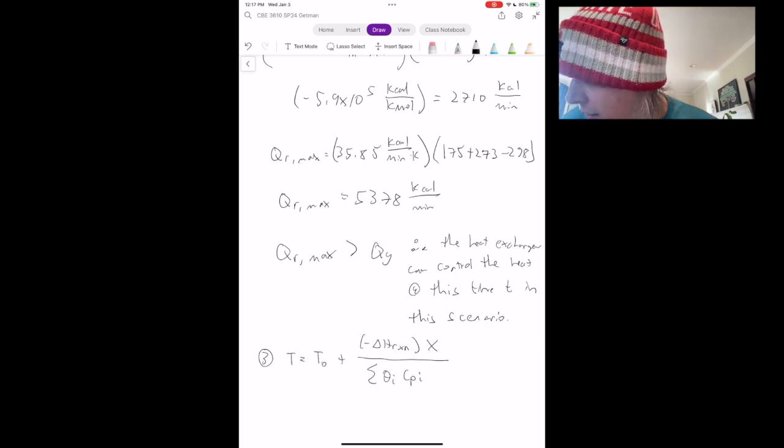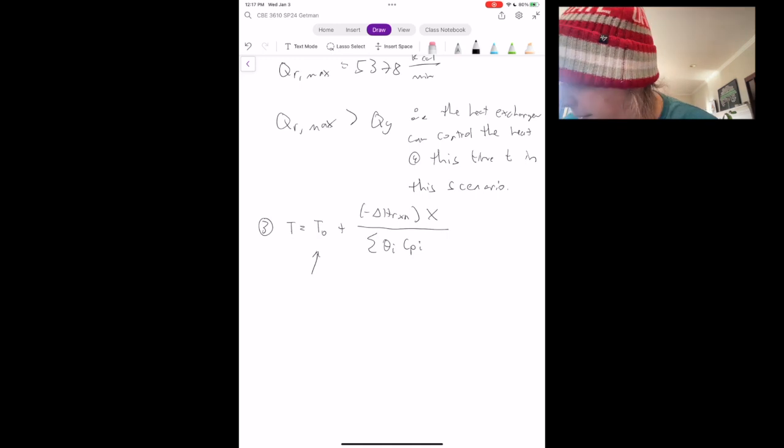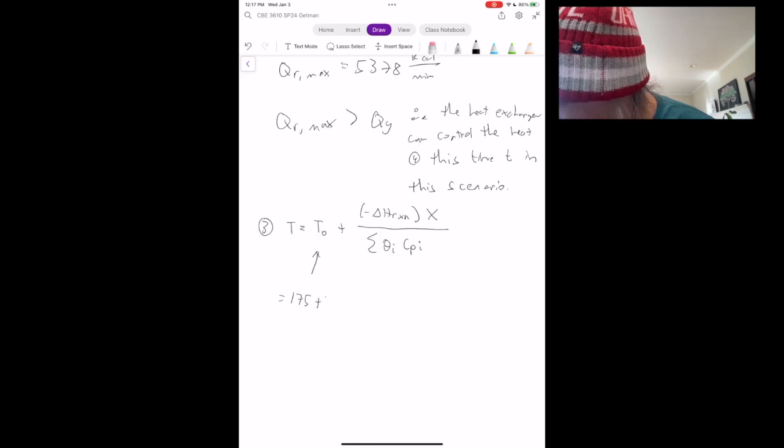In this equation, T naught is the temperature that the reactor is at initially, which in our case is 175 degrees C. So this is going to be 175 plus 273 in Kelvin.